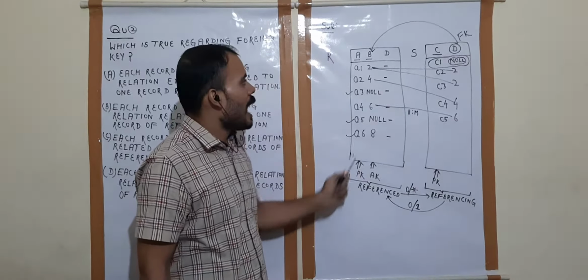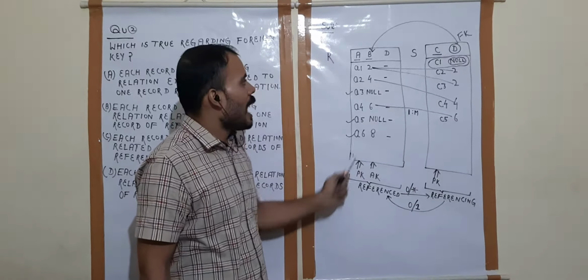And the relation S contains two attributes C and D, where C is the primary key and D is the foreign key.